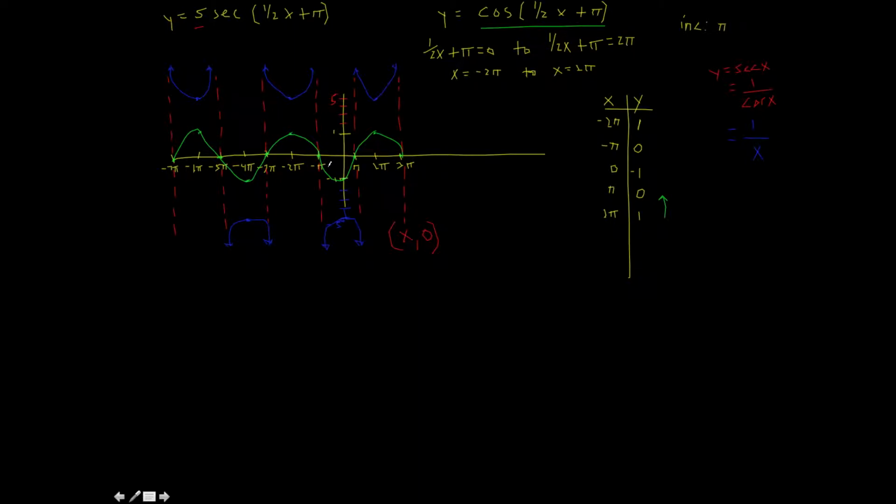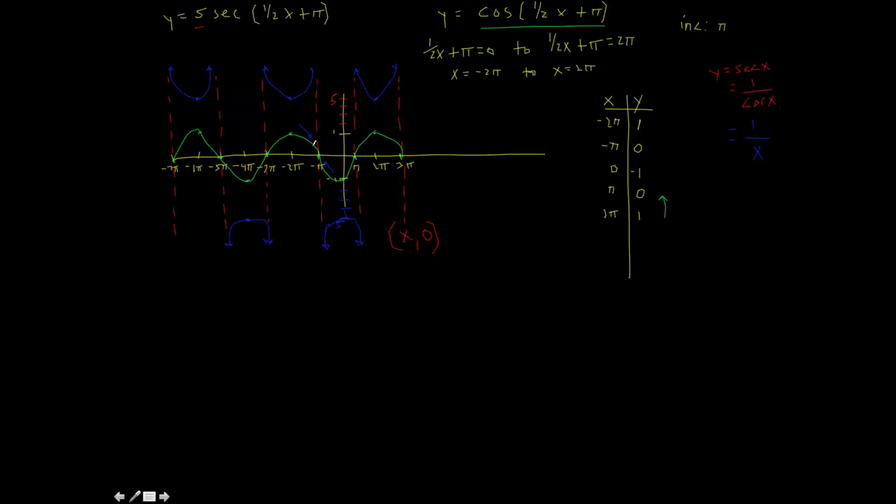Now, like I said, think in terms of cosine. As cosine is getting closer to 0 from both directions, as it's getting closer to 0 from the positive direction, it's getting smaller and smaller.